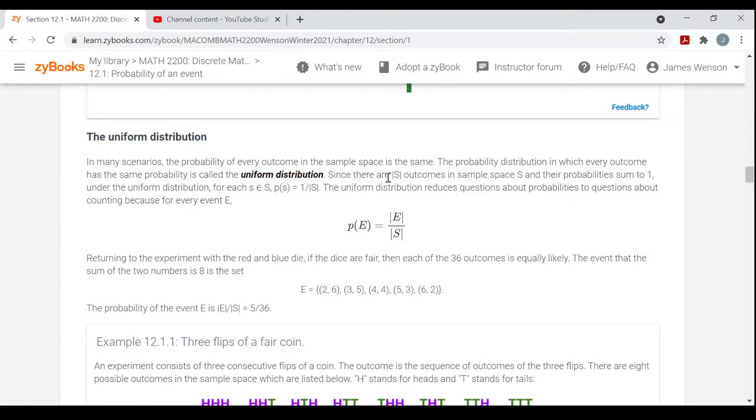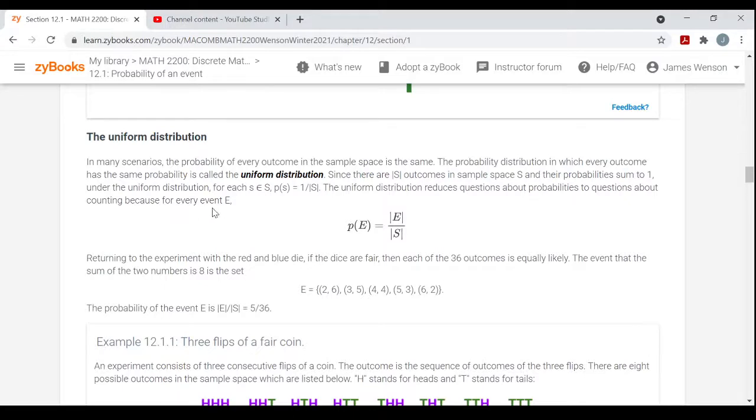So since there are cardinality of S outcomes in the sample space S, and their probabilities must all add up to 1, under the uniform distribution the probability of each outcome must be just 1 divided by the size of the sample space. Simple enough. The uniform distribution reduces questions about probabilities to questions about counting.